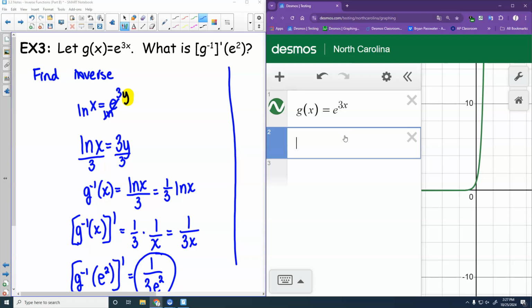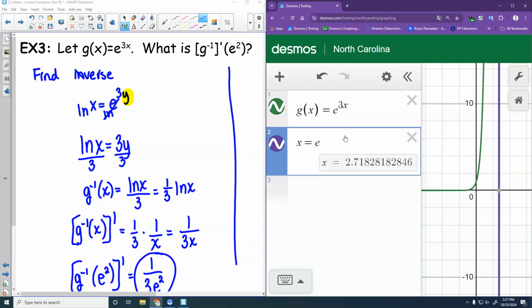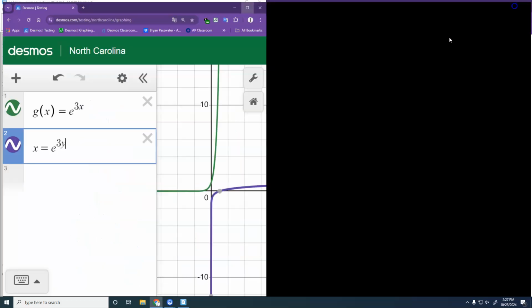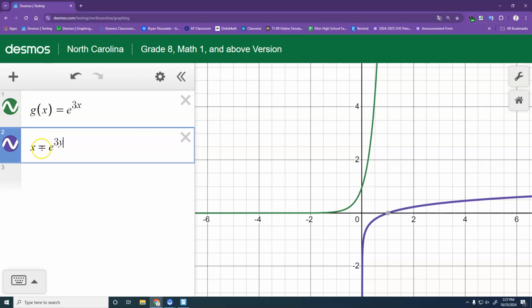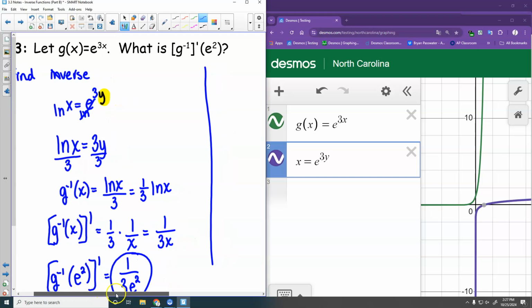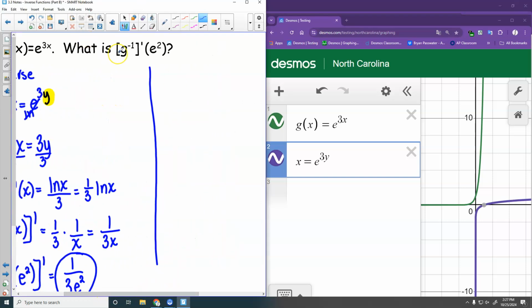If you're on Desmos, you can just do x equals e to the 3y, and it'll graph the inverse, because when you switch your x and y's, that is the inverse. So it'll graph it there for you. We are finding g inverse prime of e squared.